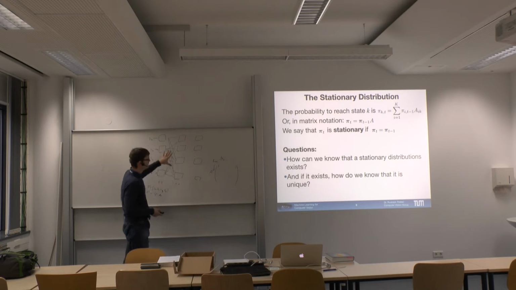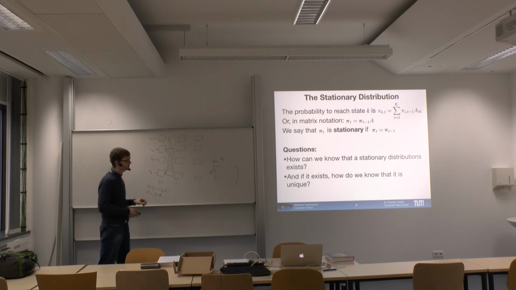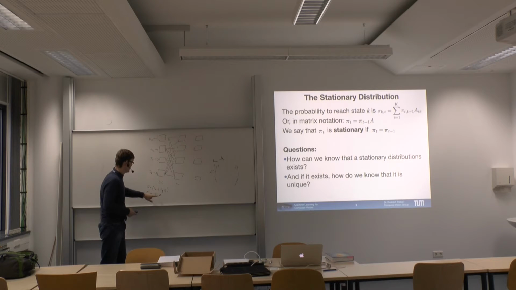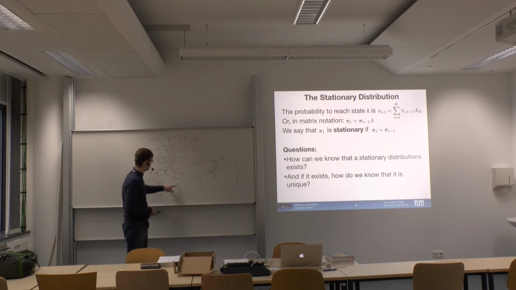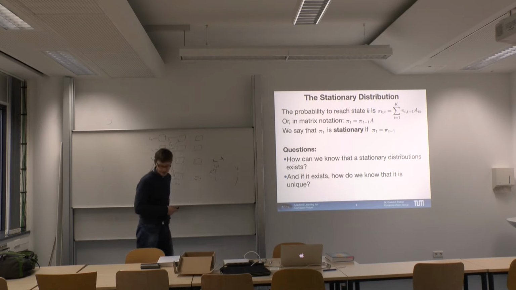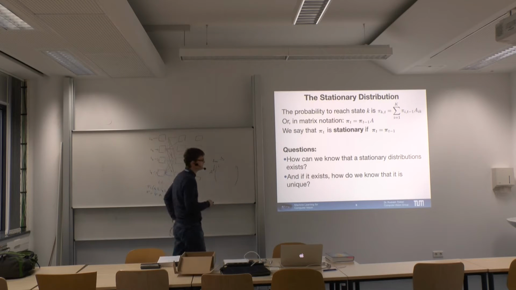So we say that pi t is stationary if the distribution from here to here does not change, right? So I apply A to pi, and the pi before and the pi after are exactly the same, right? Pi t equals pi t minus 1. This is an important notion because that will then be used.